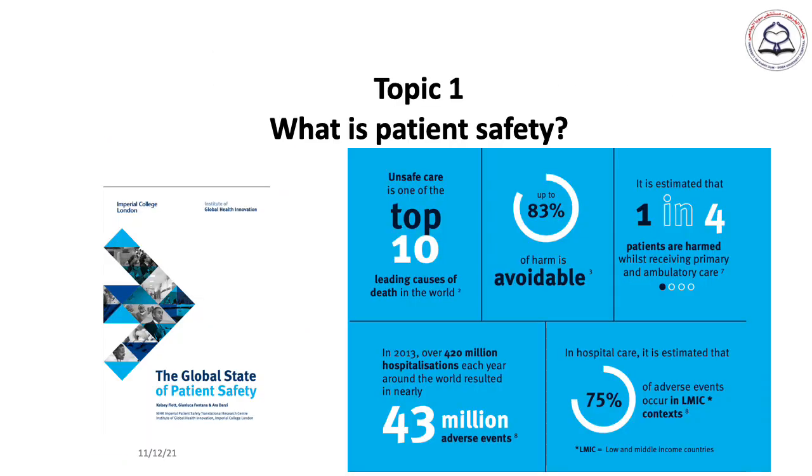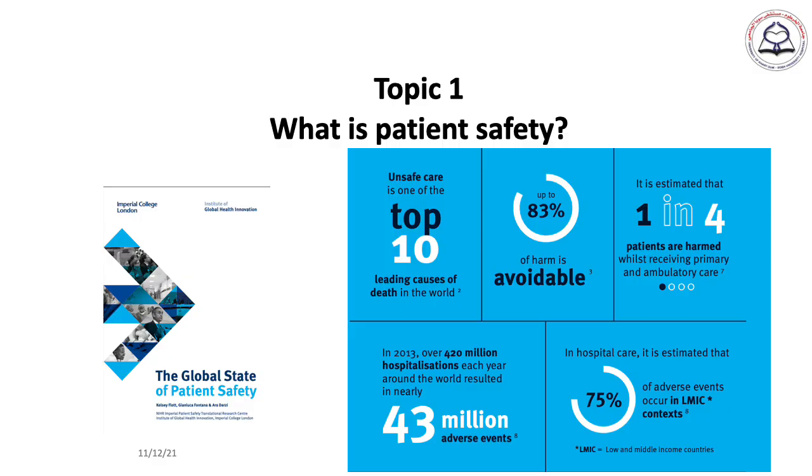Topic 1 discusses what patient safety is. It highlights the magnitude of the problem. Unsafe care is one of the top 10 leading causes of death throughout the globe. 83% of the harm is avoidable. This condition affects patients attending hospital care and primary care.